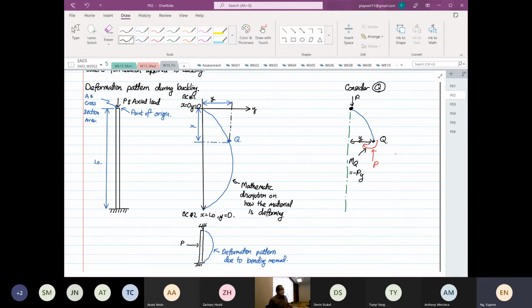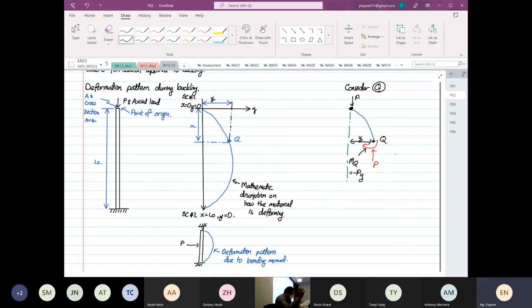Now, the next part is where I think you guys are better in math than me. The next part is we are going to derive a series of math. Now, what are we trying to show down there? What are we trying to prove? At the end of the day, I'll show you the final form of this formula.